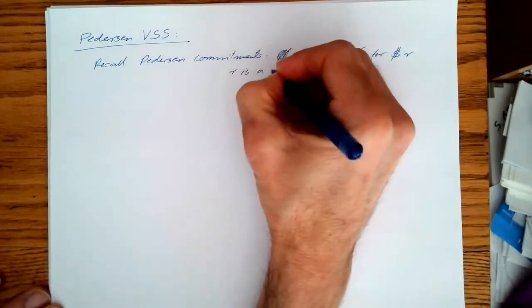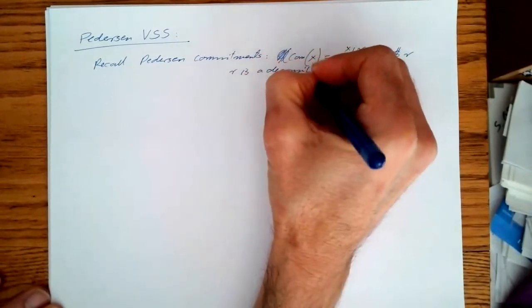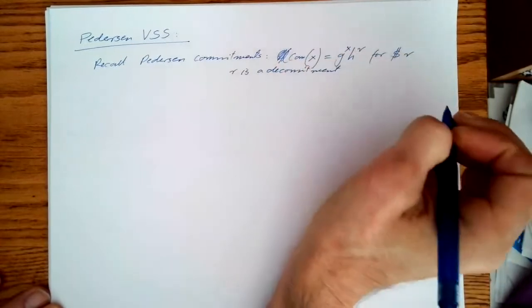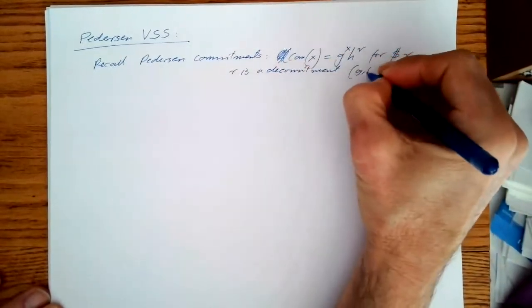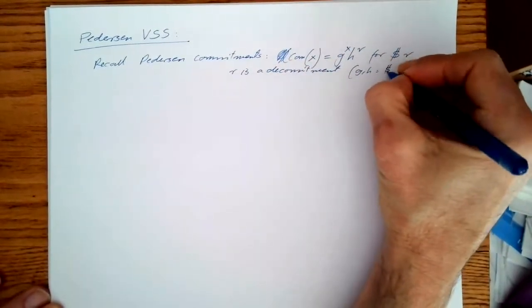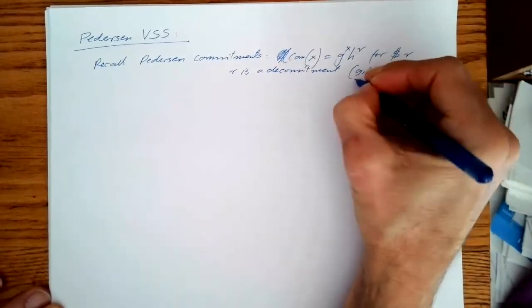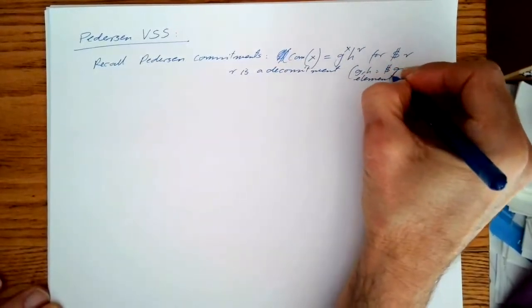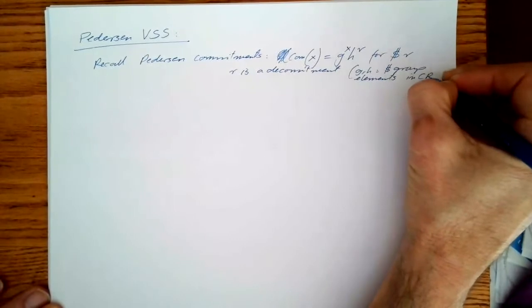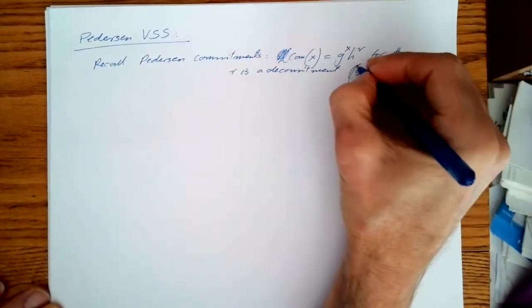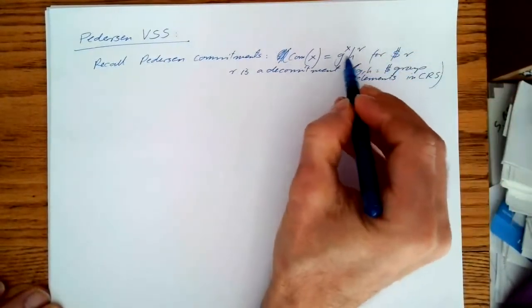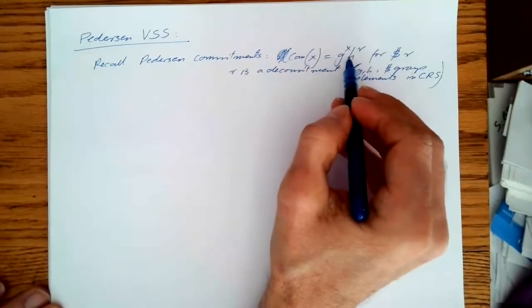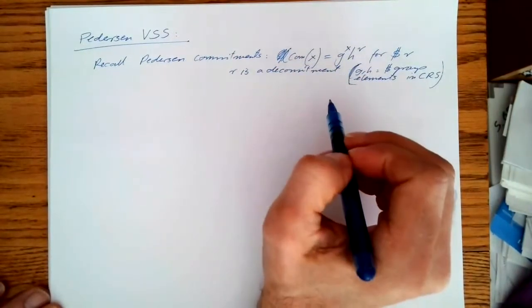And g, h are random group elements in a common reference string. Nobody is supposed to know the discrete log between them, or the commitment will not be binding.